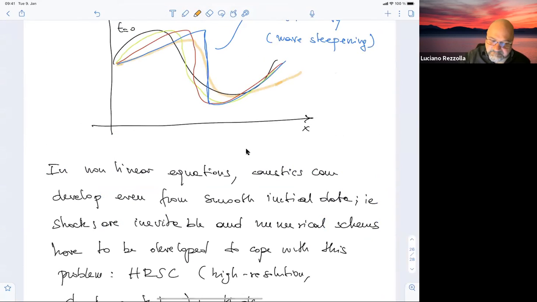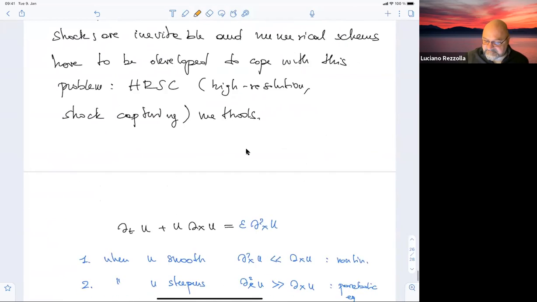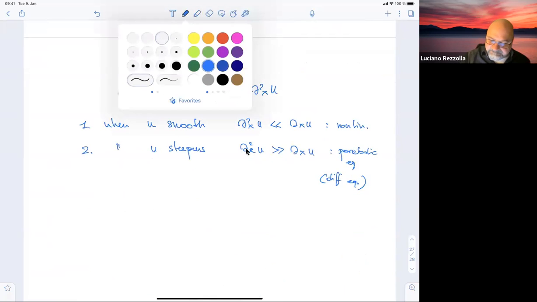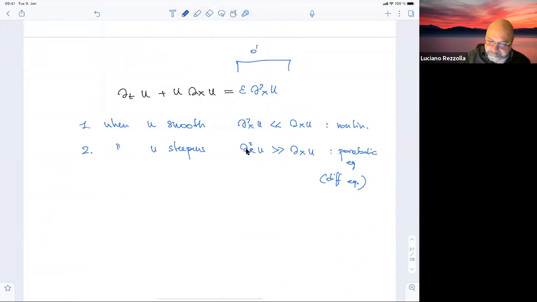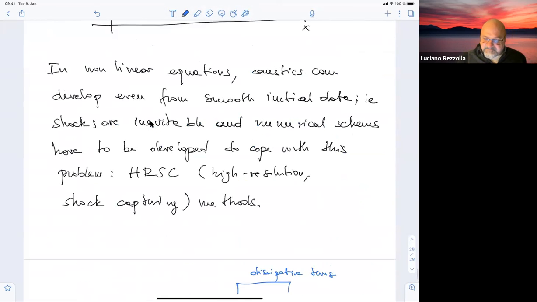Okay, and so you can avoid shock formation by introducing the additional terms, which are dissipative terms. And of course, in ideal fluids, in perfect fluids, they are absent, and so shocks will just develop at full strength.